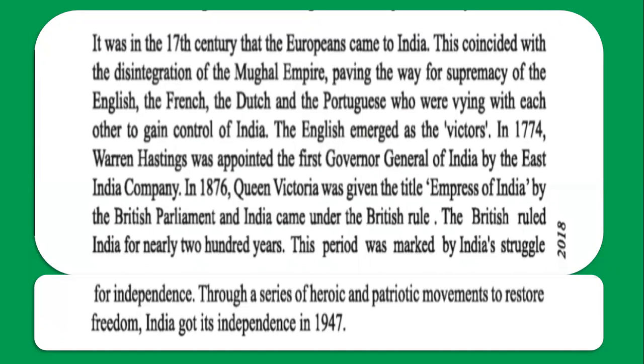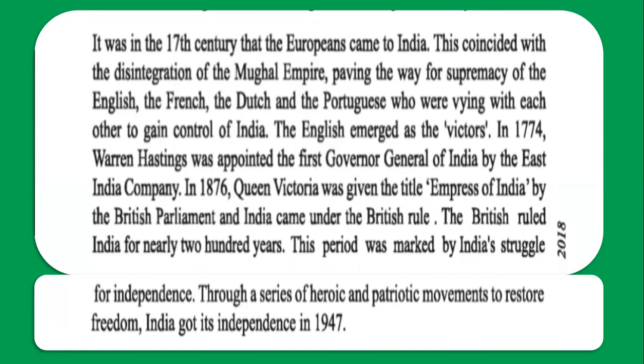In 1774, Warren Hastings was appointed the first Governor General of India by the East India Company. In 1876, Victoria was given the title Empress of India by the British, and India came under the British rule.